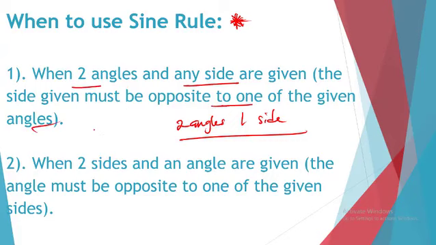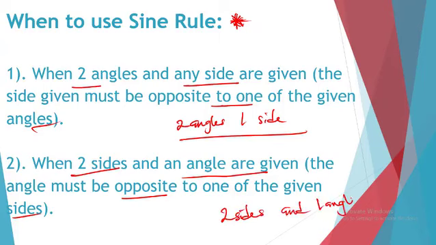Secondly, we use the sine rule when two sides and an angle are given, and the angle that is given must be opposite to one of the given sides. When these conditions are met, you can use the sine rule.